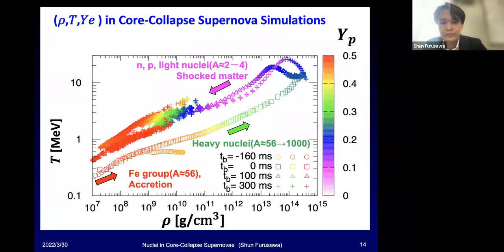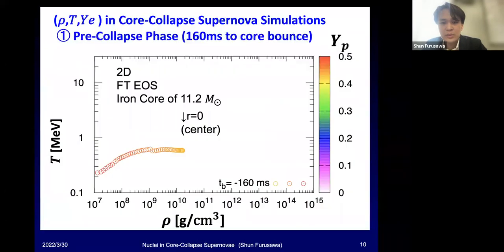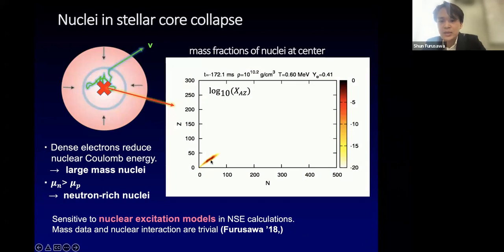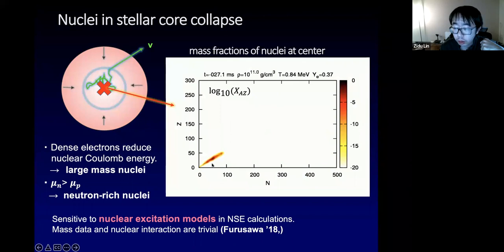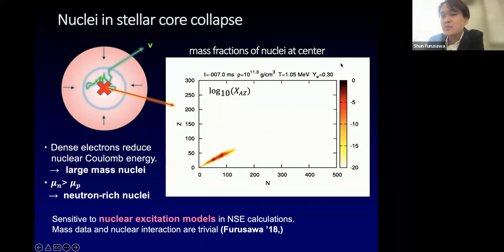We can calculate the mass fraction of the nuclear component as a function of density, temperature, and charge fraction. If we set the density, temperature, and charge fraction, we can calculate this nuclear component. And the weak interaction determines the evolution of the charge fraction.